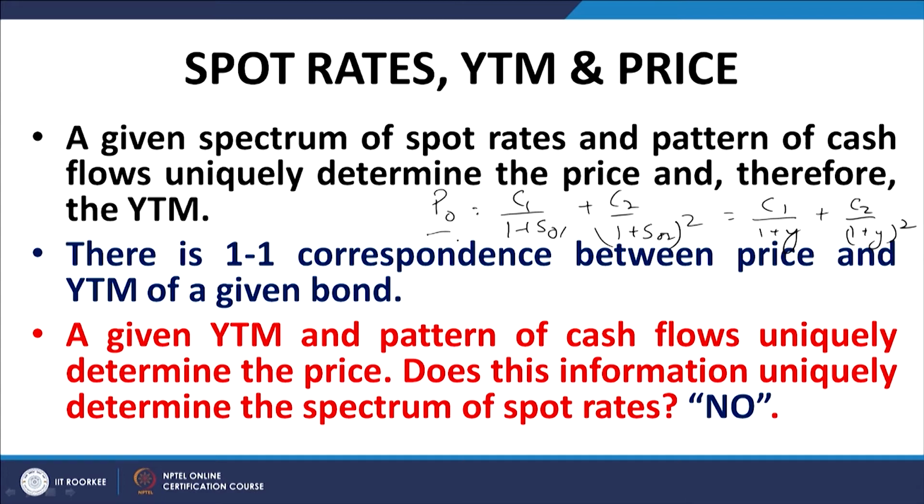And having determined a unique P naught, you arrive at a unique Y. So, what is the net result? A given spectrum of spot rates and a pattern of cash flows with their timings determine the price uniquely, and once you determine the price uniquely, you also determine the YTM uniquely. So, there is a one-to-one correspondence. For a particular bond, there is a one-to-one correspondence between the price and the YTM.